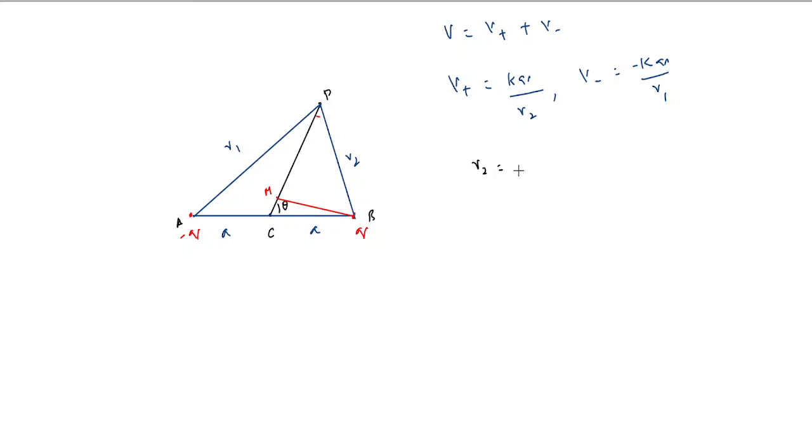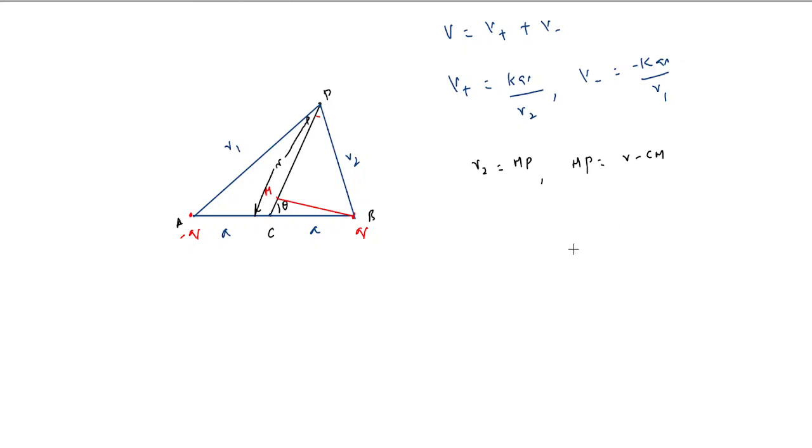But the distance from C to P, this whole distance, is R. So you can say MP is equal to R minus CM. That is MP, because MP is this distance.